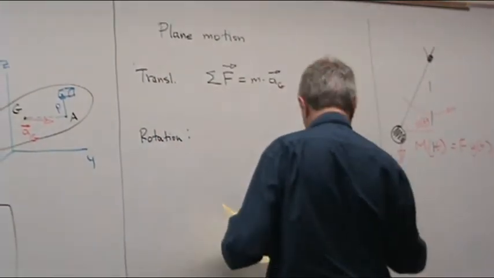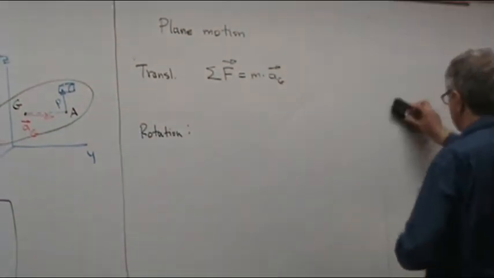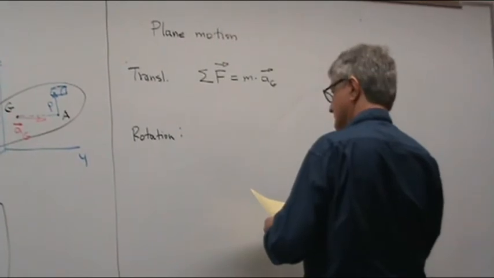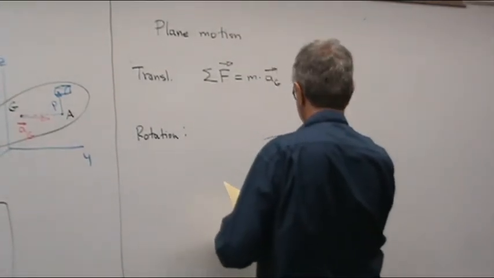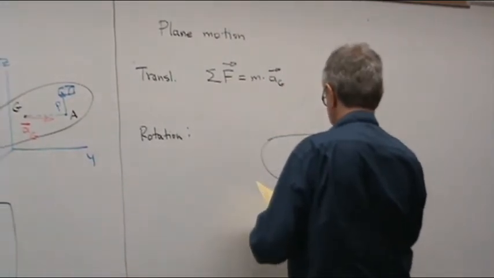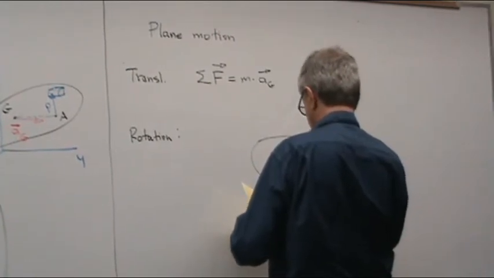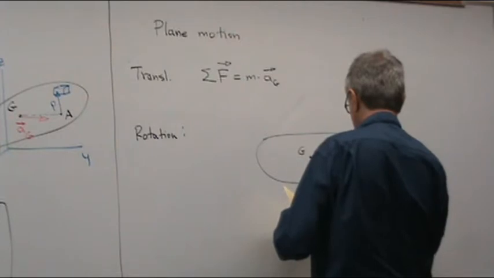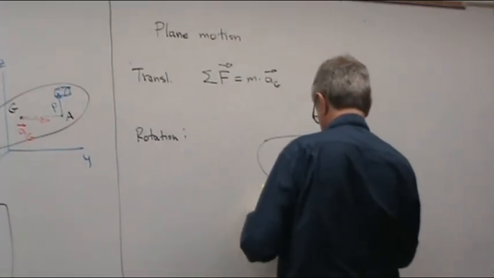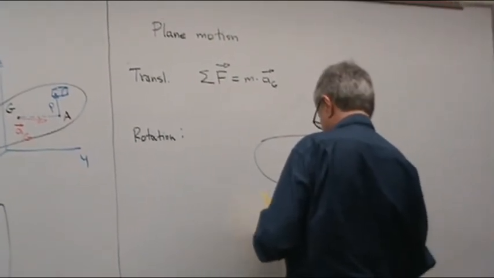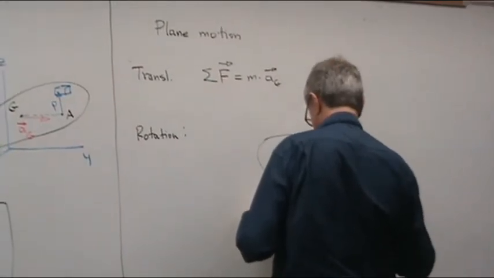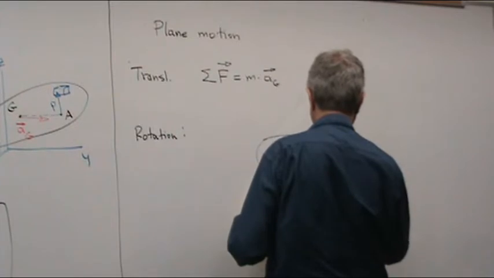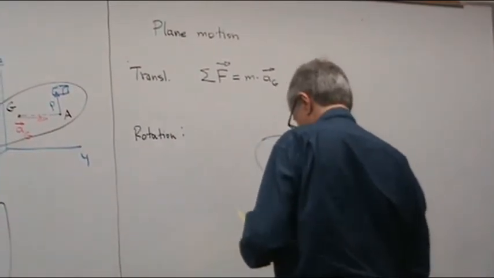Now let's make a sketch. The center of gravity, G, and the reference point, which is different than the center of gravity, A, this is the line that connects them, and you have the horizontal component and the vertical component, so you have X bar and Y bar, okay?